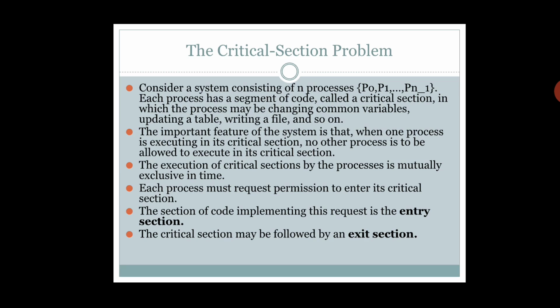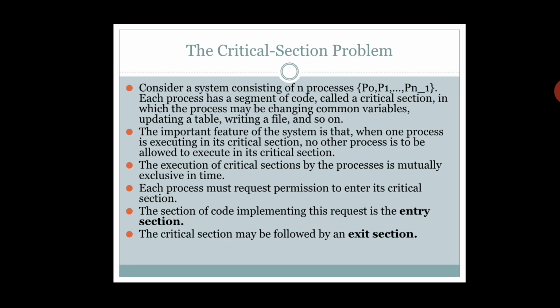Each process has a segment of code called the critical section. Remember, it is a segment of code in which the process may be changing common variables, updating a table, writing a file, and so on. Whatever updates or changes we make in a process are stored, something like a log file.